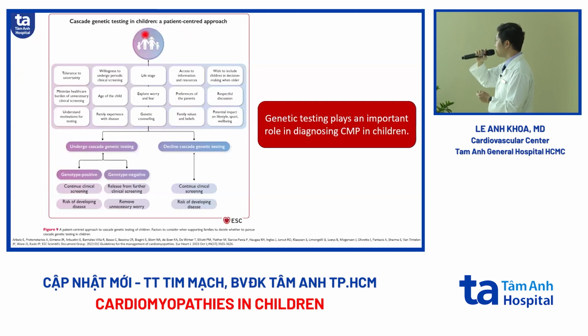And when we decide to do genetic testing, it's divided into 2 pathways. One is to decline cascade genetic testing, and we just continue with clinical screening and accept the risk of developing disease.